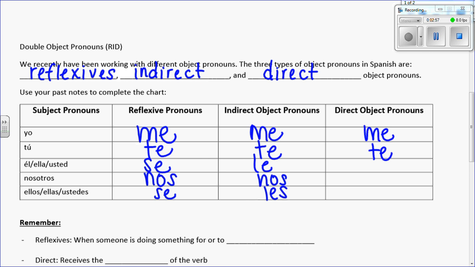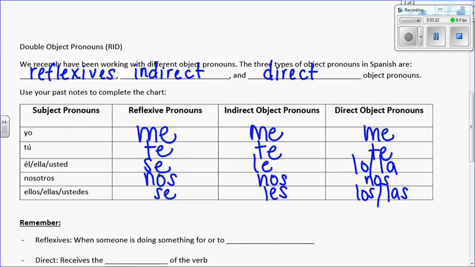What's my él, ella form? Lo or la. Nos and los, las. Okay? So, as you can see, they're all totally lined up. Él, ella, usted goes with se, tú goes with te, yo, me, nosotros, nos.